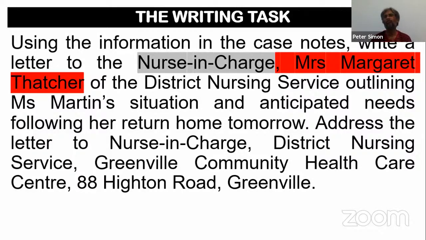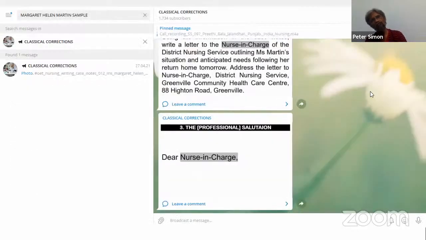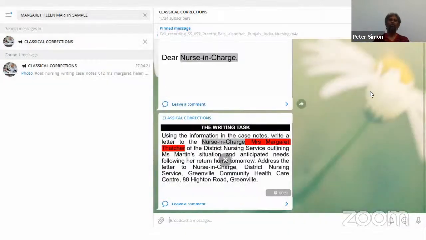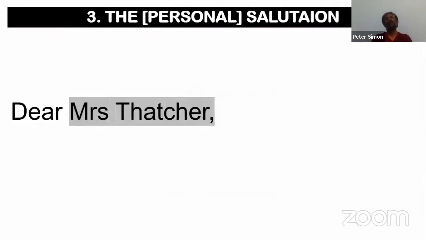That means it's not there, I put it. So if the name is there, you have to take the name only. For example, this is. Yes, there you go. So when both are there, professional, personal. If you know the personal name, then use the personal name. That is how it should be. Okay. If that is the case, then you say second name, dear Mrs. Thatcher.